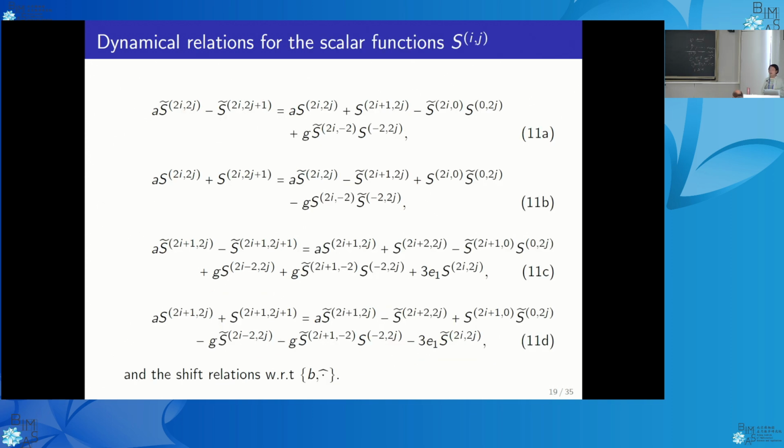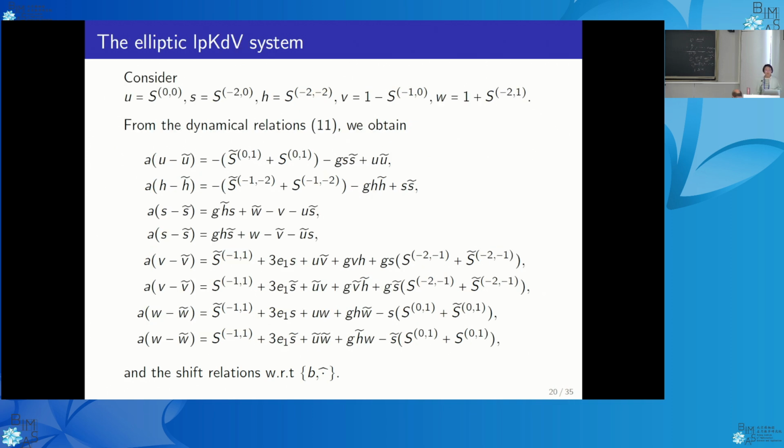And from these dynamical relations for M, we can get the dynamical or shift relations for Sij. Because there are 4 parts for Sij, there are a number of relations for that. Then we define U as S00 and the others in this way.